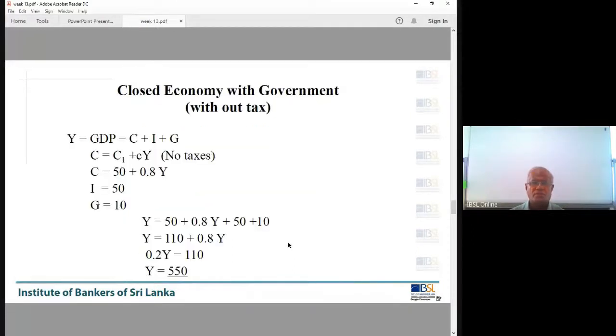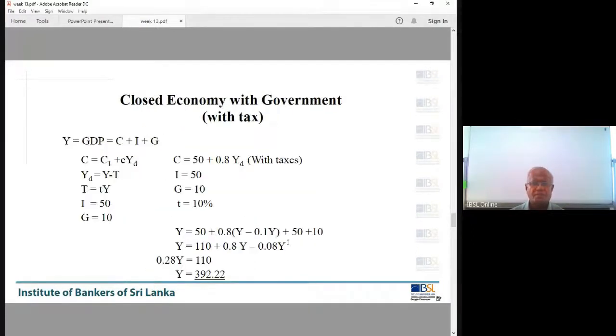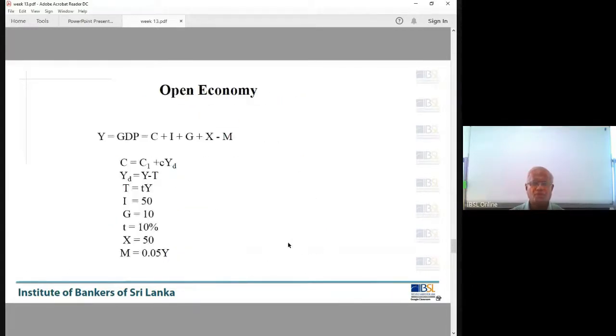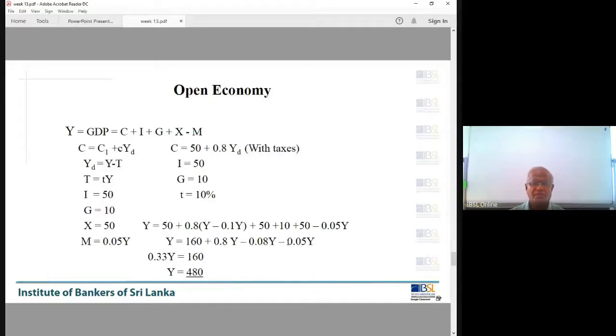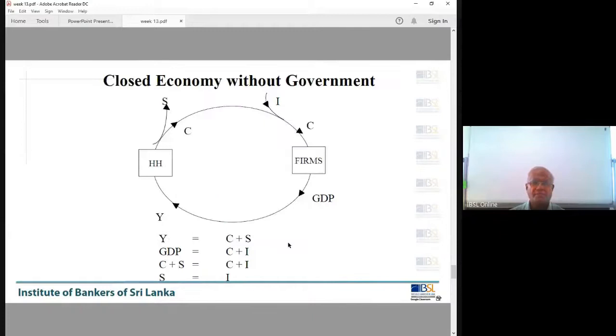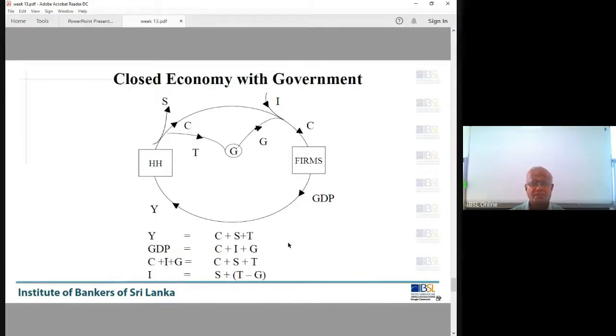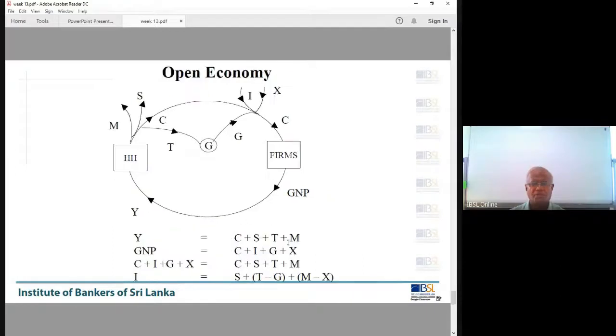Then the closed economy with government we discussed. I can remember proportional taxes. Then disposable income, we discussed this concept of disposable income. Then the open economy also we discussed. Then you can go through the formulas and start understanding these things. Almost all the concepts we discussed.